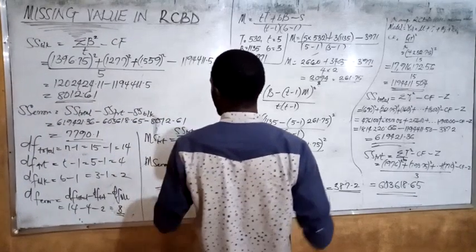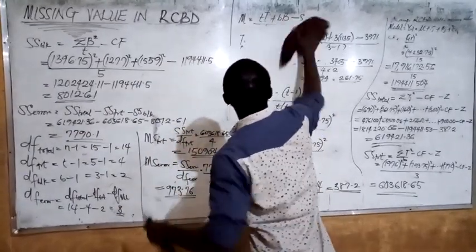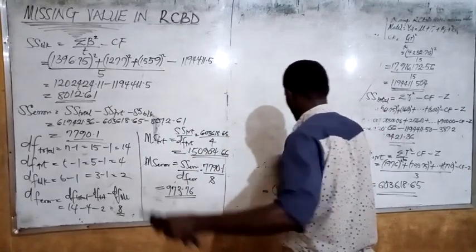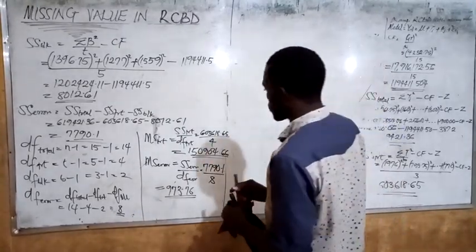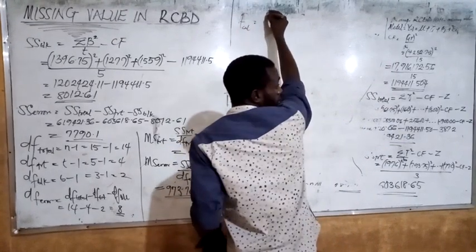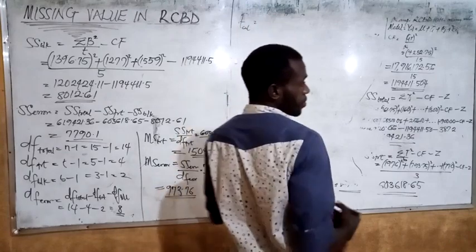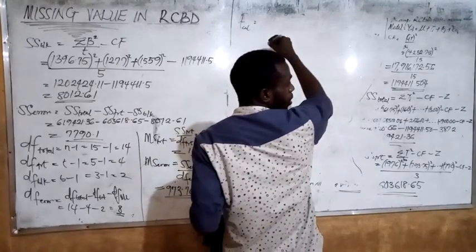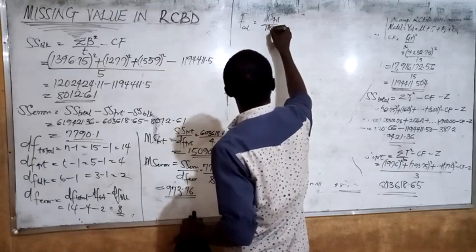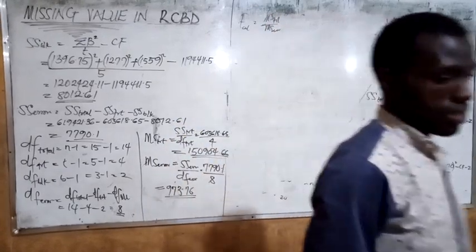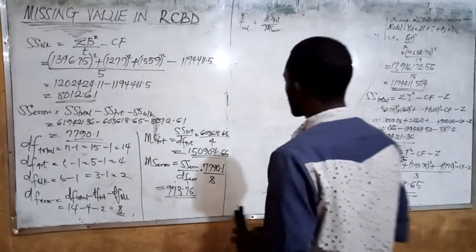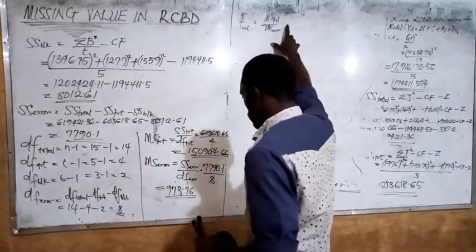So the next thing is we calculate our variance ratio before we plot our table. Our variance ratio, which is F calculated, is equal to MS treatment over MS error.